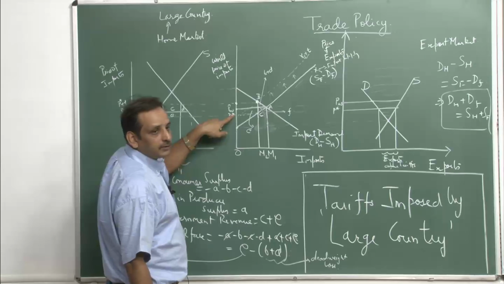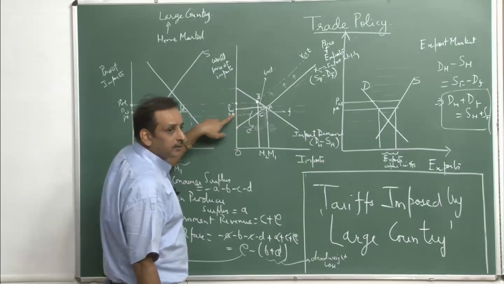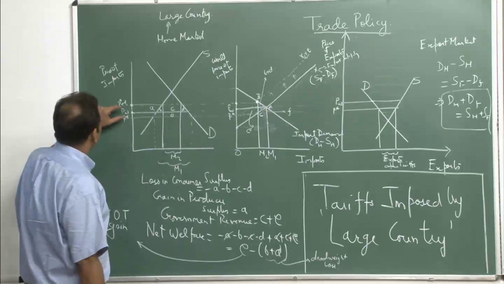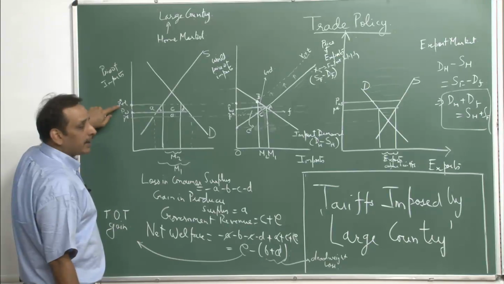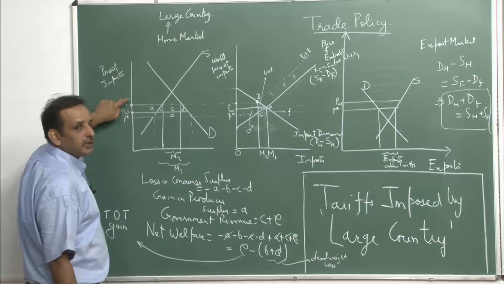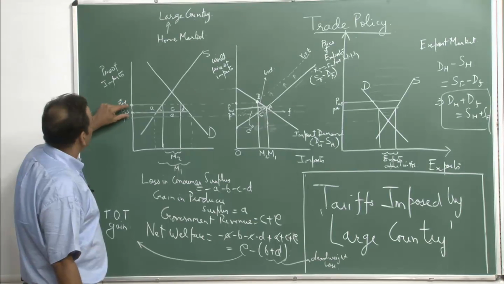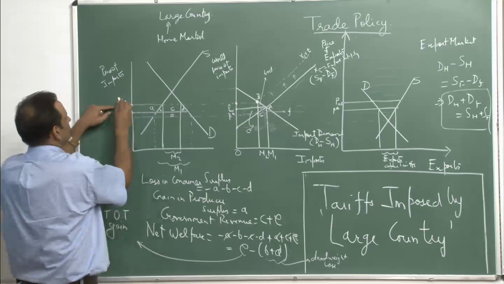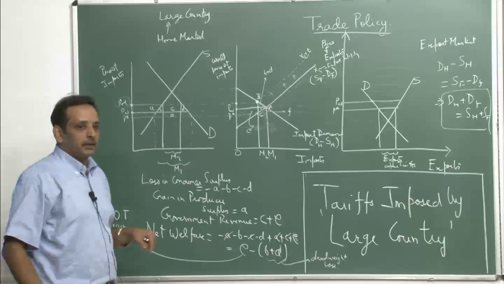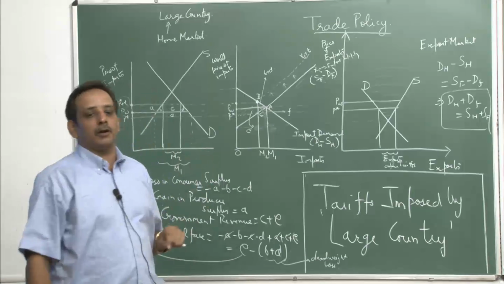This is the price that the foreigner gets. So, the domestic prices after tariffs will be P star plus T. It is less than the increase in tariffs, which is T. So, the domestic price which prevails is P star plus T in the home country.